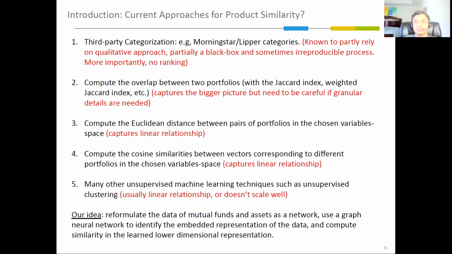And in this lower dimensional representation, all the funds that are similar to each other would be close to each other. Okay? The data points corresponding to these mutual funds will be closer to each other in the lower dimensional representation. I'll give you more detailed explanation of this, but this is an overall idea.